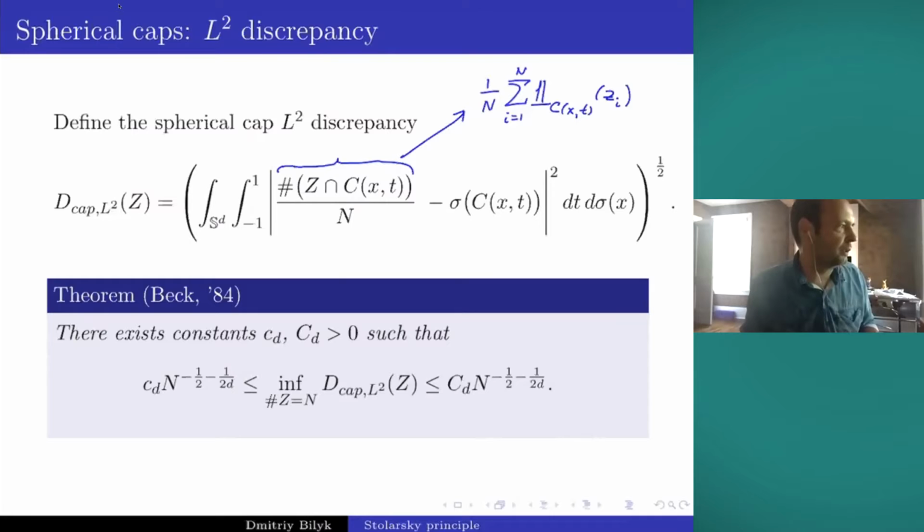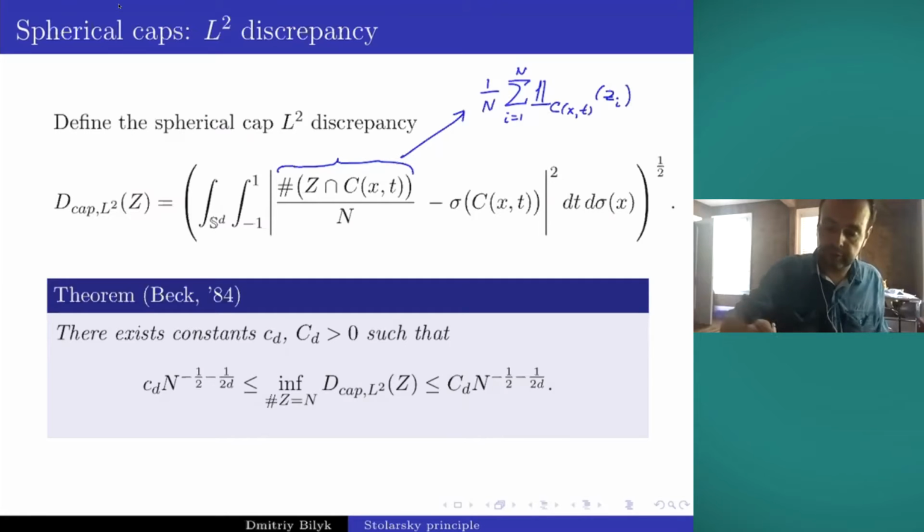First of all, it opens the door to using Fourier analytic methods. Whenever you have L2, there's some form of Fourier analysis that comes into play. But there are even simpler things that you can do. Since you have this L2 expression here, you can just square things out, multiply them out, and see what is going to happen.